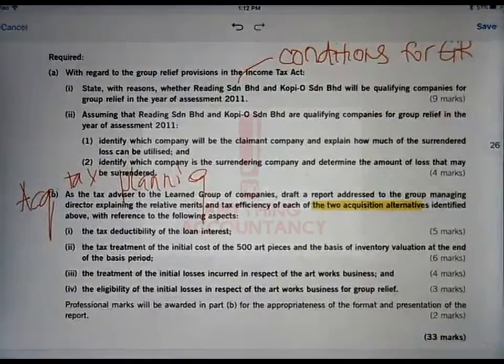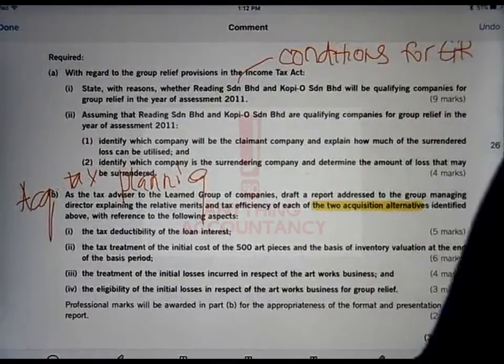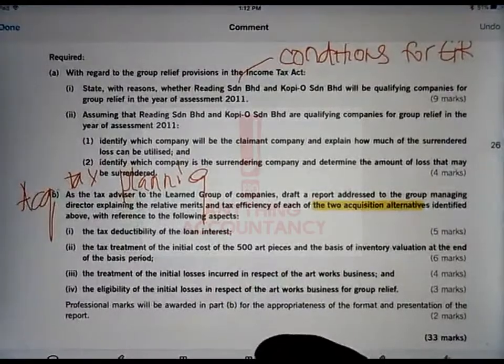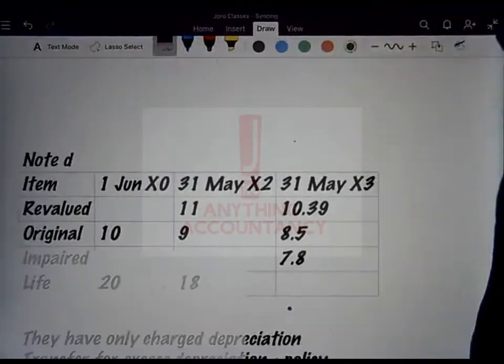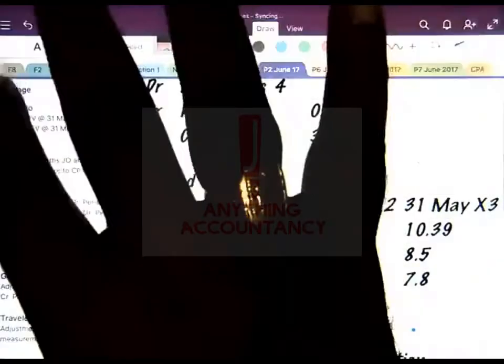So this question is kind of critical because it's got tested 2 areas which you need to know about. One is called acquisition tax planning. The other one is called group relief. Okay, have a read of the question first.